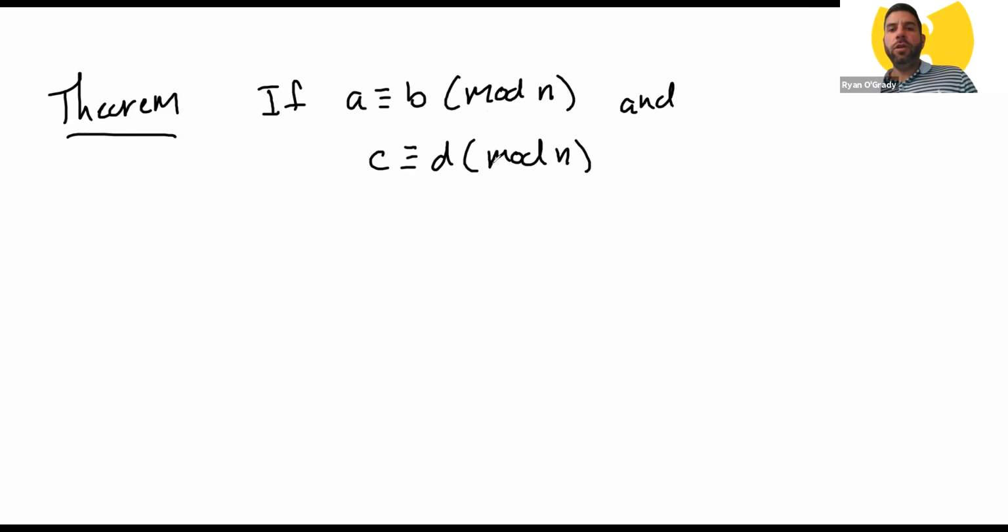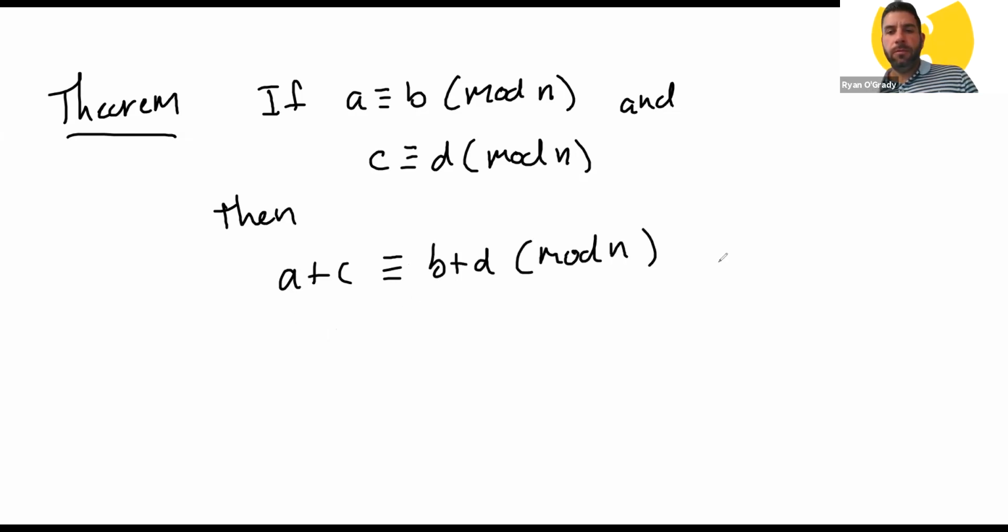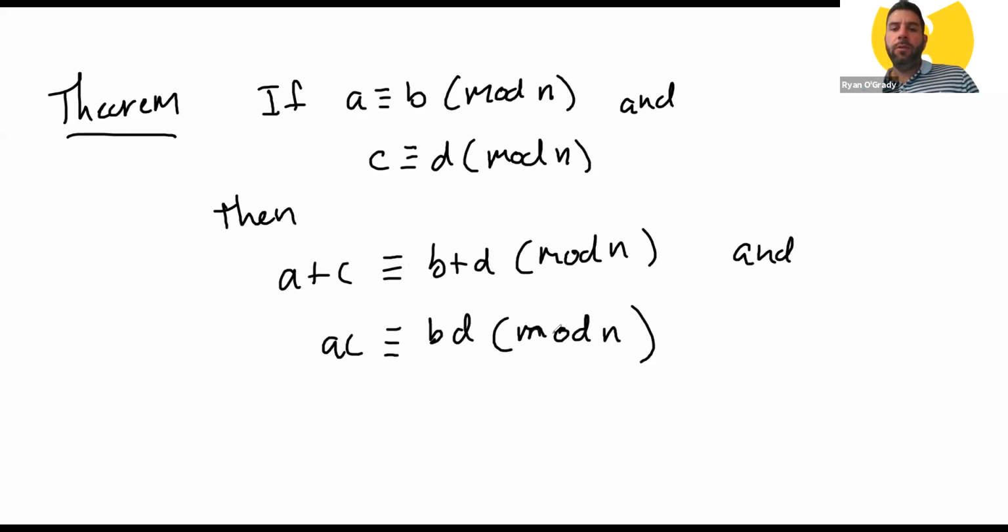If you have two congruences that are true, then there's a very nice and intuitive thing that happens: you can add them or move things around as you will. These two properties are analogous to what you had in algebra. If two things are equal, and two other things are equal, you can combine both sides of the equations. This is analogous to that.